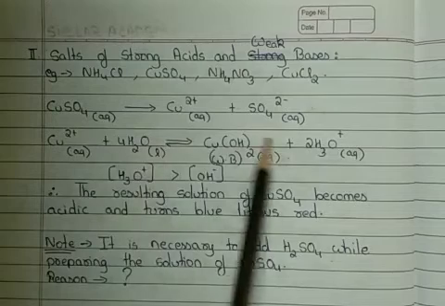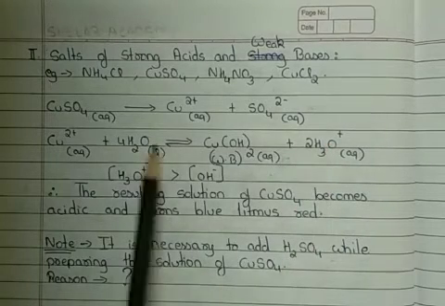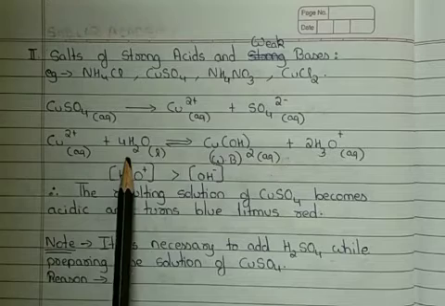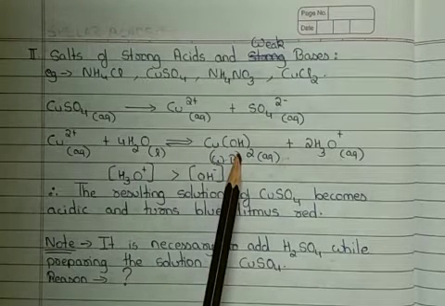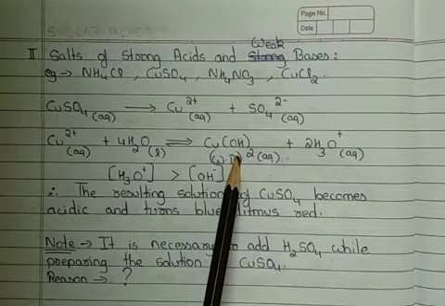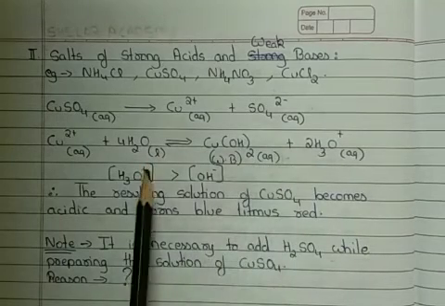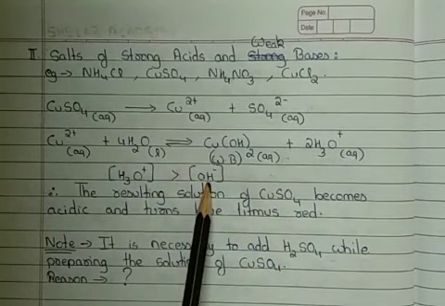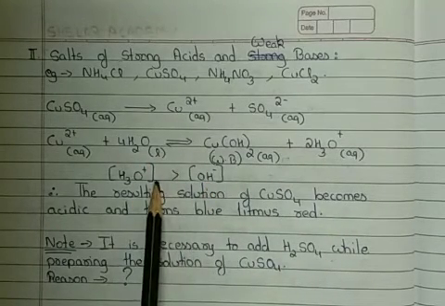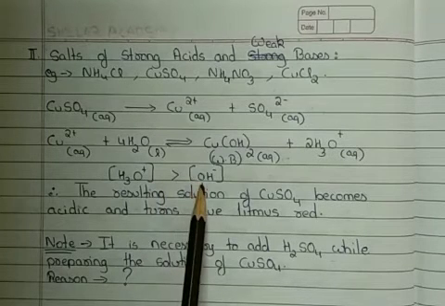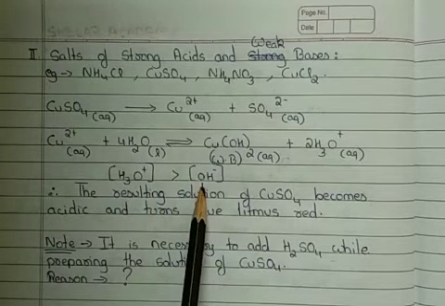So in this given reaction, we could see that of the H+ and OH- ions of water, OH- ions have been combined with copper 2+ ions. So when we compare the concentration of hydronium ion and hydroxide ion, we would find that the concentration of hydronium ion is more than that of hydroxide ion.